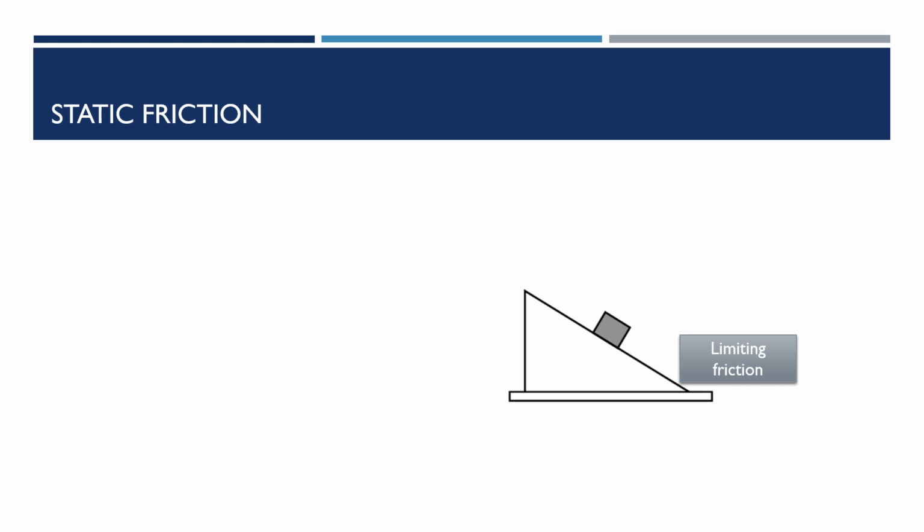Let me explain it in detail. Just suppose the limiting friction force is the maximum value of static friction. Now the body is just about to move, but the condition before moving is known as limiting friction, or friction before the moving is limiting friction.